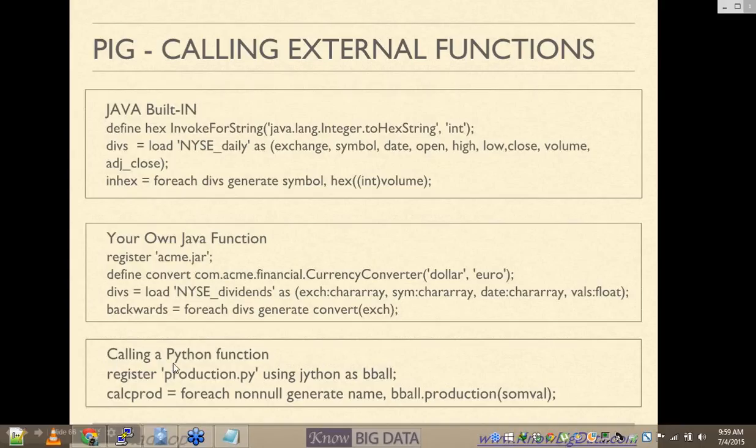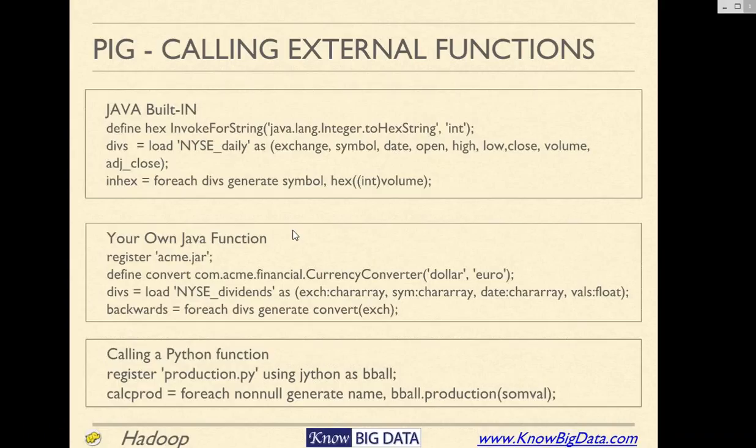So bball is basically what we registered our Python script as. There is a method called production here, so we are saying bball dot production. We are invoking that function and passing this some value as the parameter.